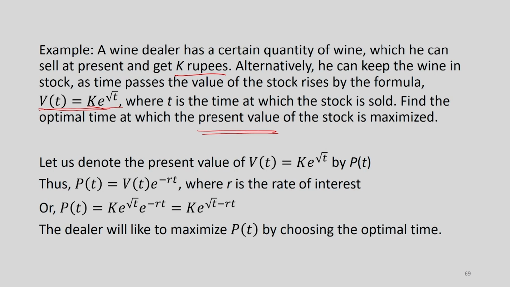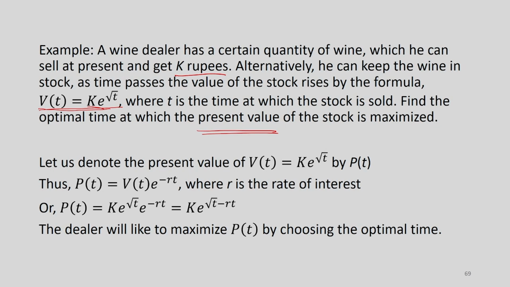However, suppose you decide to wait for one period. So, that will give you t is equal to 1. So, after one period, the value of the wine will become k multiplied by e to the power root over 1, root over 1 is 1. So, this is k multiplied by e. As we know, e is greater than 1, it is a value between 2 and 3.